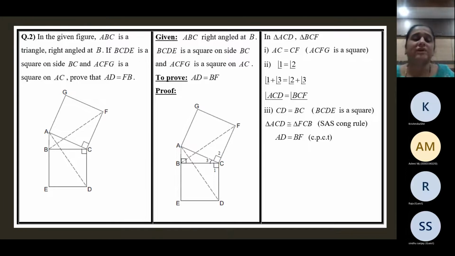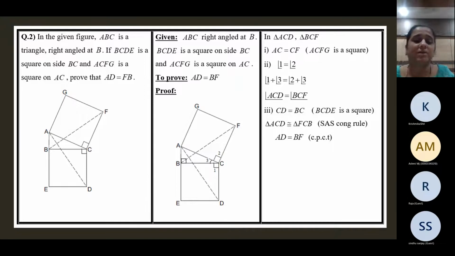AC, ma'am, because it's the hypotenuse, correct? Yes, ma'am. Now tell me, which square is bigger? The square ACFG, ma'am, because it stands on the hypotenuse.